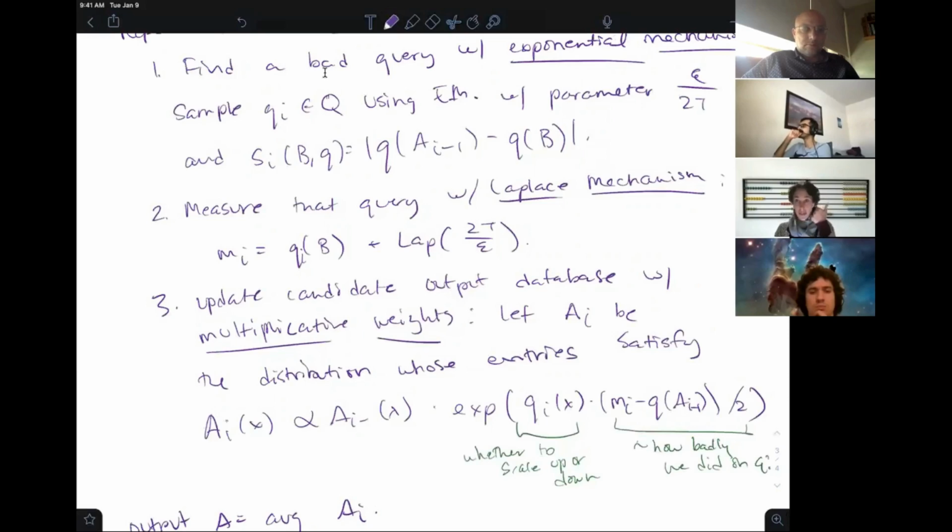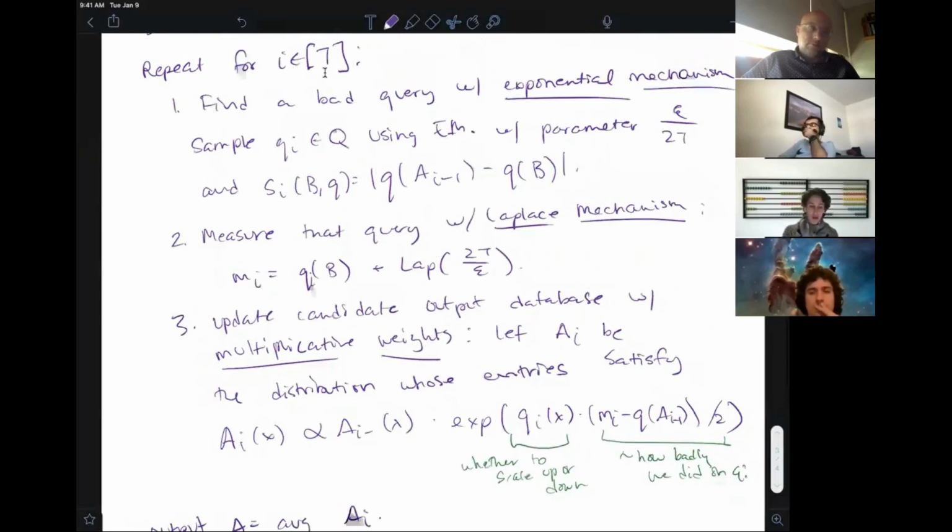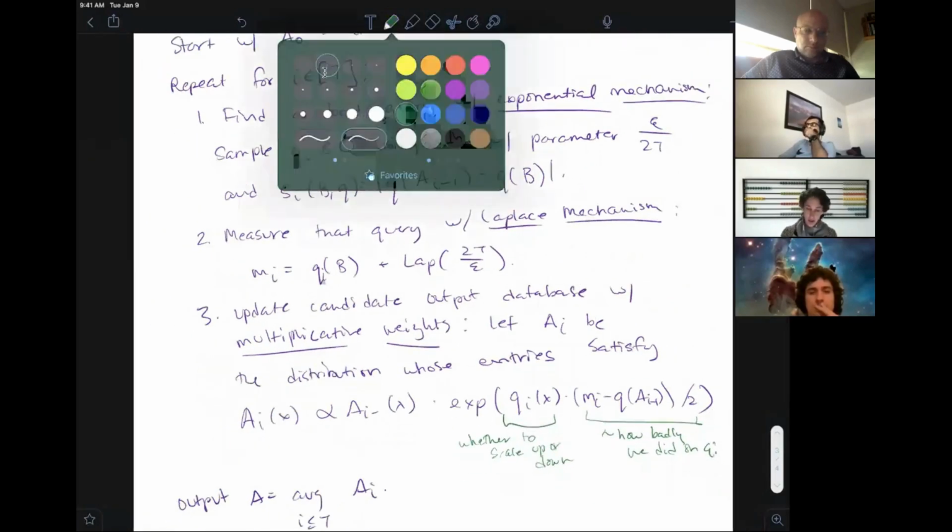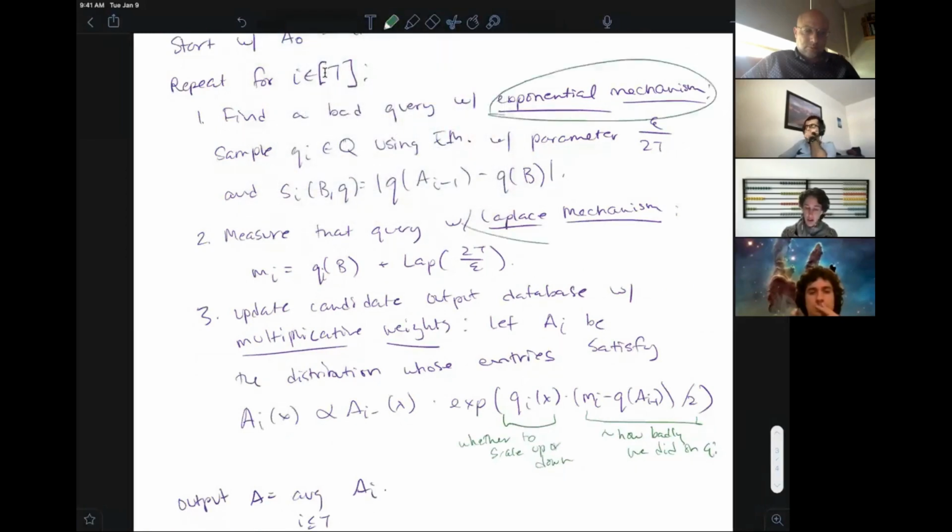Well, you can use a composition theorem because you did a bunch of differentially private computations. And you're just going to use that naive composition theorem that we proved where you can add up your epsilons. Where do we do something that's differentially private that we need to account for? Well, we do it here and we do it here.